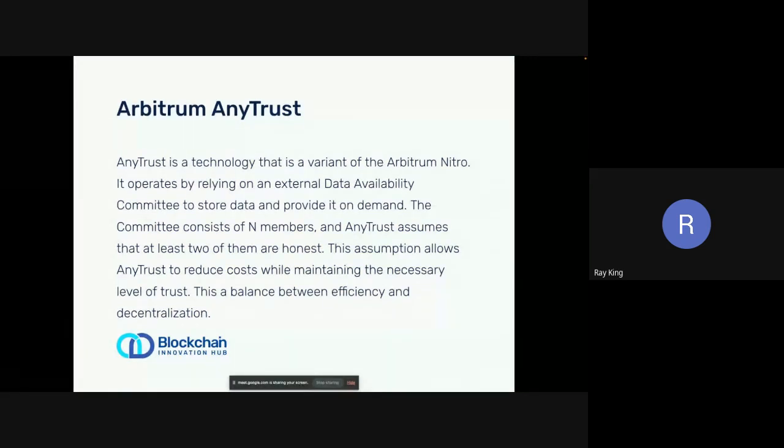Do we all have a basic understanding of AnyTrust and Nitro? Okay, since nobody is saying anything, I will just move on. All right.